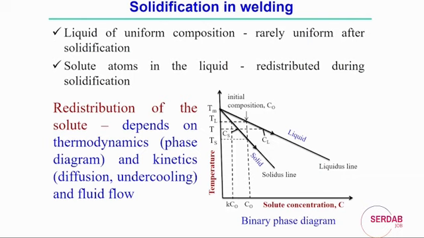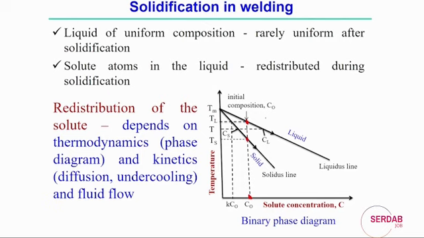If we assume the initial solute concentration at this point C0 and draw a vertical line, this point corresponds to the liquidus temperature, and this point corresponds to the solidus temperature.